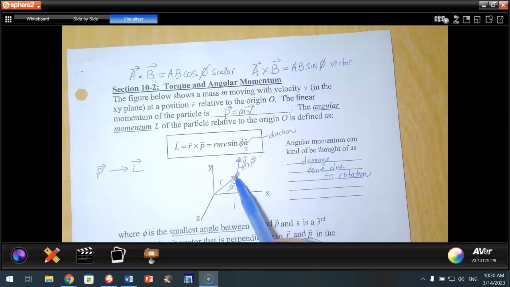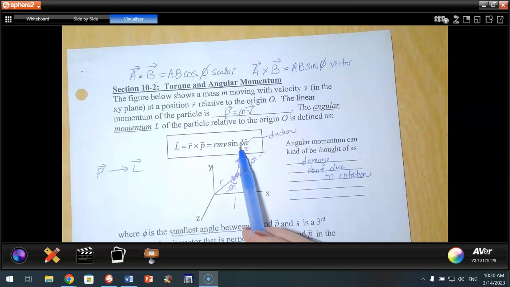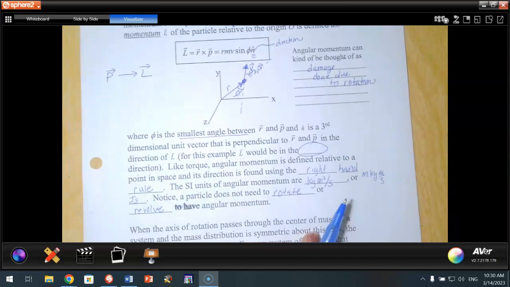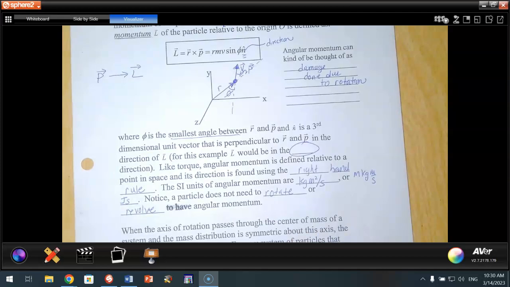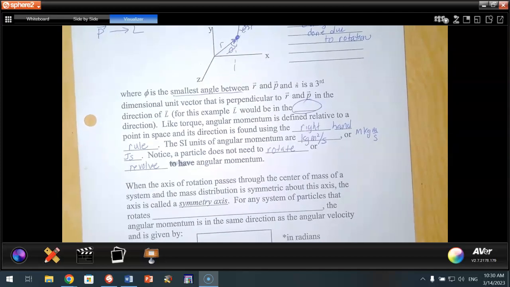It has to have a mass. It has to have a velocity. And this angle cannot be 0 or 180 degrees. If it's got all of those things, a distance from a reference point, a mass, a velocity, and an angle that is not 0 or 180 degrees, then it's going to have angular momentum. So you're going to have to get used to that idea.